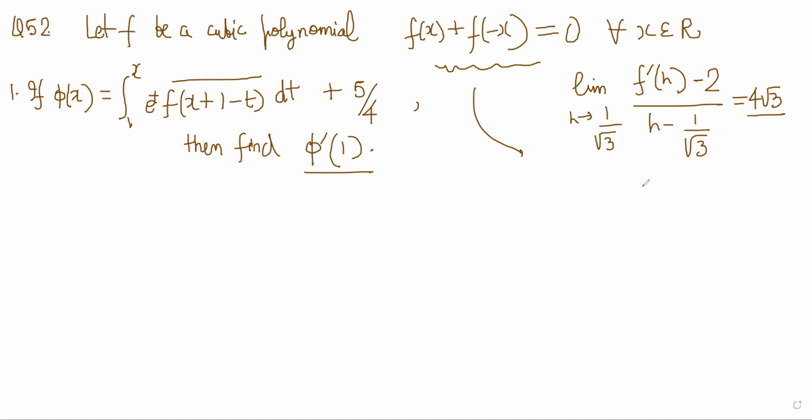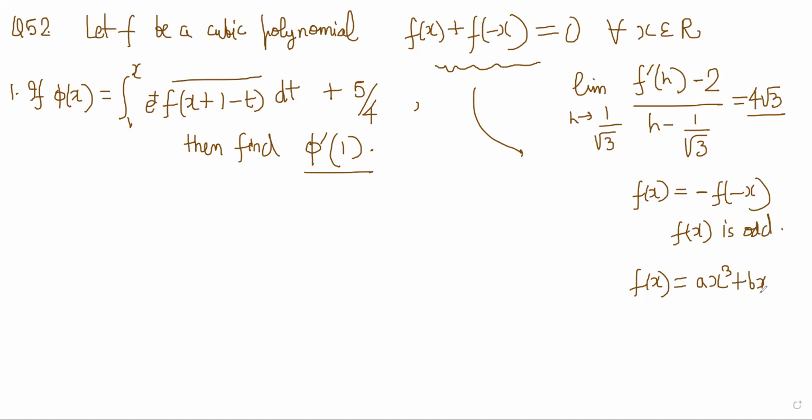So clearly this statement means f of x is equal to minus of f of minus x, which means f of x is odd. f of x is odd and it is a cubic, that means f of x must be like this: ax cube plus bx, right? This is a cubic polynomial which is an odd function.